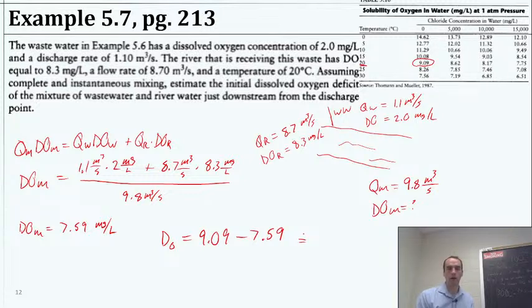That should be 1.5. 1.5 milligrams per liter. So this would be the oxygen deficit just downstream of the wastewater discharge, assuming it's all completely mixed and everything. That's our D naught.